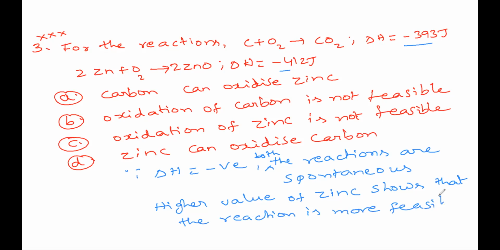So by this we can say straight away the answer: zinc can oxidize carbon. Zinc can oxidize carbon means actually it should be zinc oxide, because from zinc only zinc oxide forms. So the reaction is ZnO plus C gives Zn plus CO.